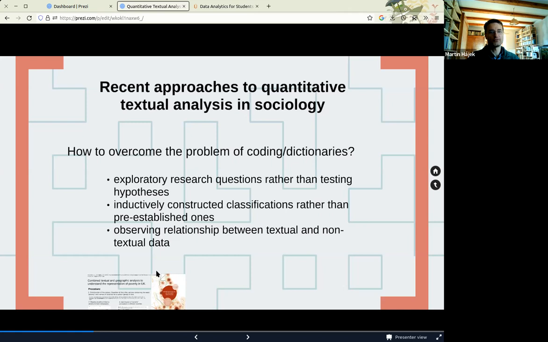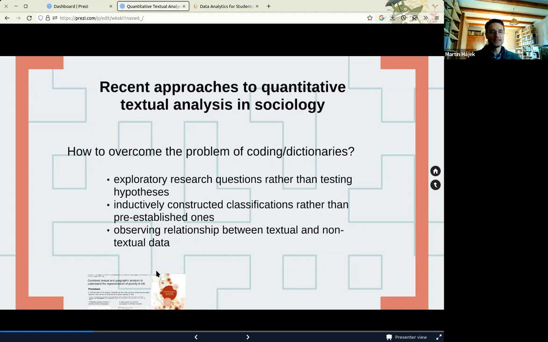And also the problem of dictionaries: you have a set of pre-created, theoretically based dictionaries, you apply them to your original text, and you get analytical codes which you can work with in your analysis.